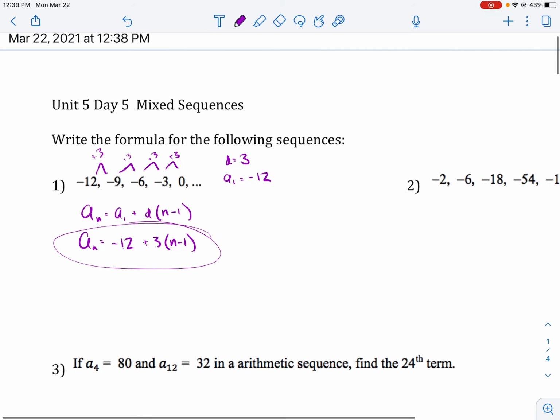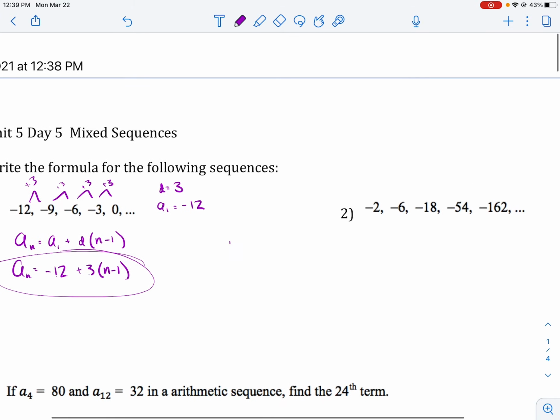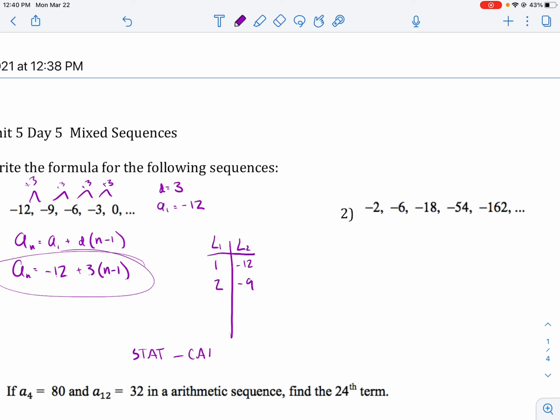Okay, now maybe you used your calculator, and if you used your calculator, you would have had to put in L1 the first term, second term, whatever term you're talking about. L2 would be whatever those term numbers are. And then stat, calc, linear reg.